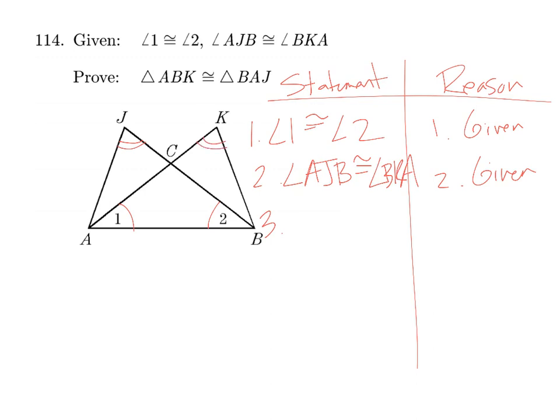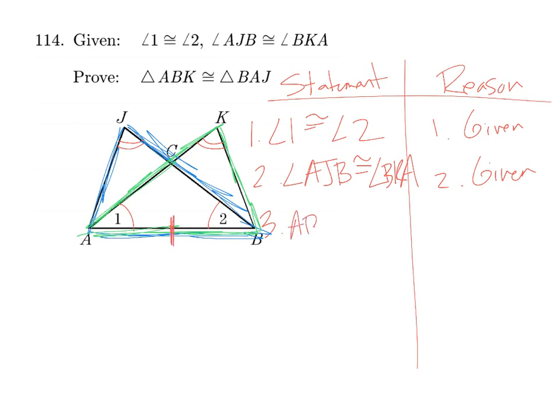Okay, this is actually a very easy problem to do. They pretty much give you all the information you need. So what you want to notice is that we're working with this triangle here, the blue triangle, and the green triangle. So they already share two angles in common, then they share this side in common.